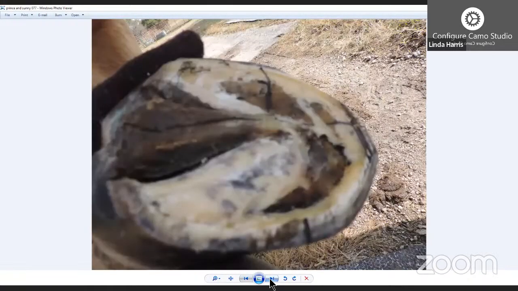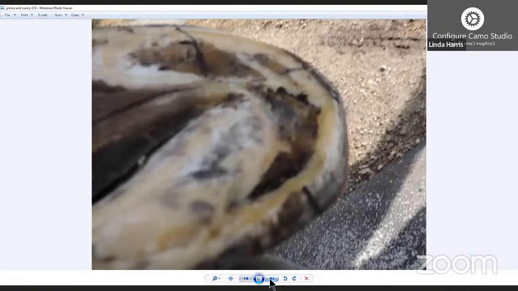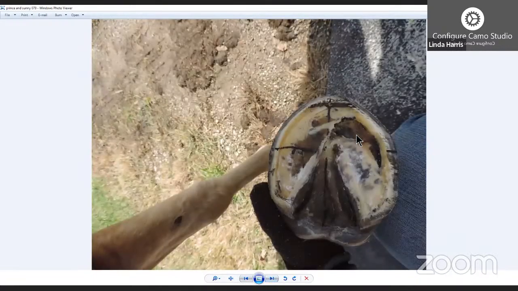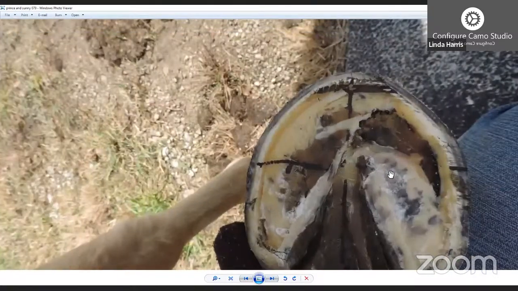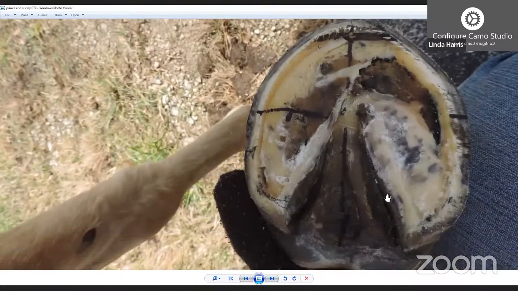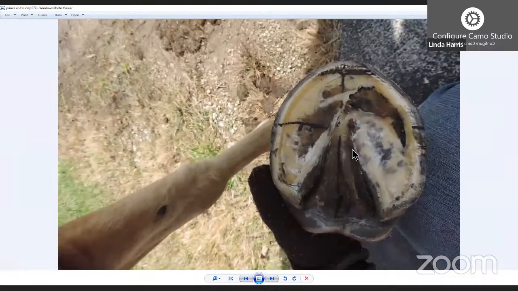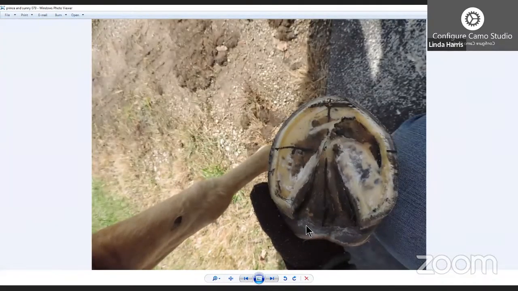And it wound up being rather large, and there was still more back here. And if you remember on the other one, almost the whole side of this sole wound up having sole growing underneath it, having been detached from the founder, mechanical founder, whatever it was.